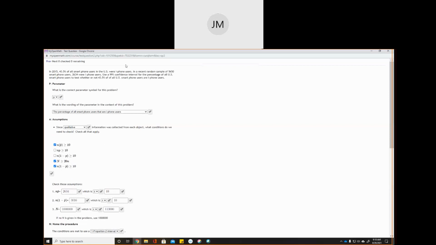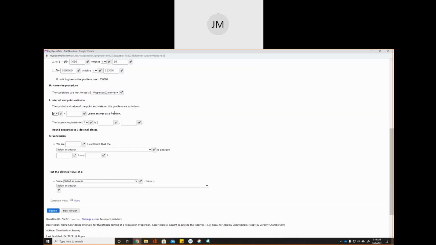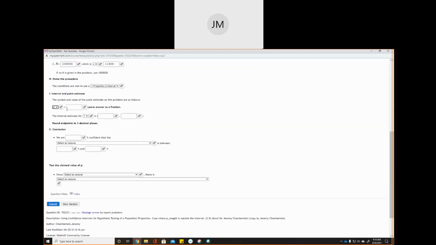I could compute it directly from the information I had, x over n. But when I run this 1 proportion z interval test, it'll compute p hat for me, as well as the interval estimate.